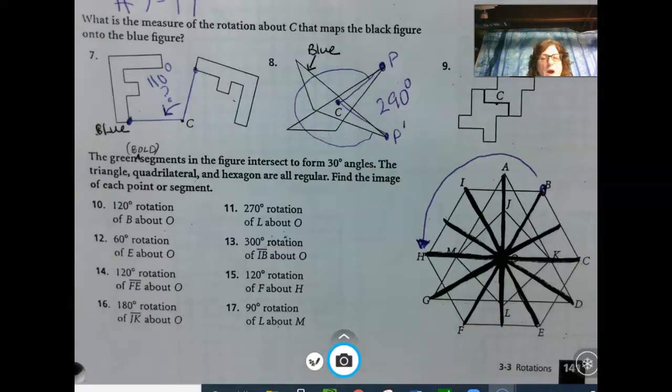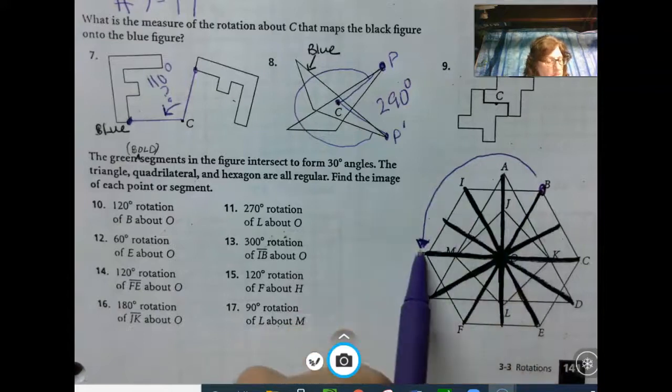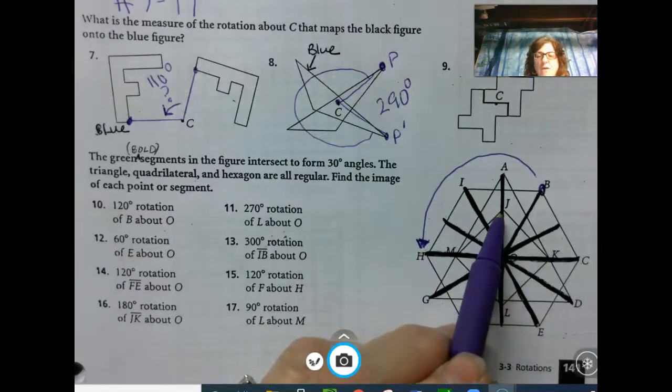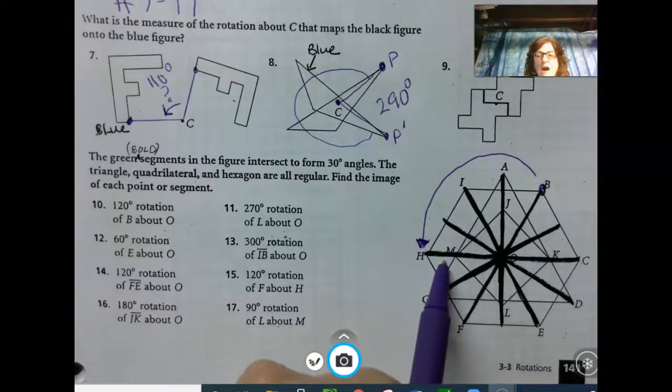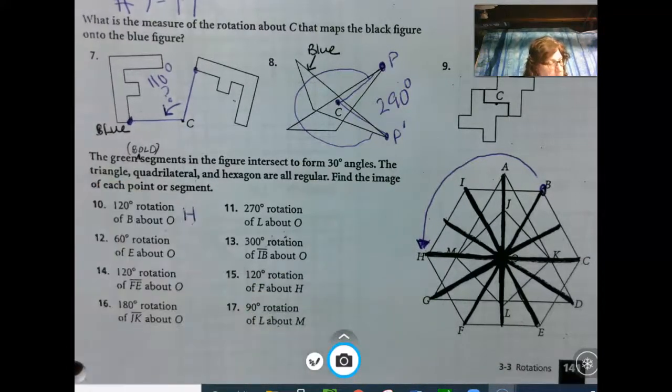So for the first problem, if I want to do a 120 degree rotation of B about point O, to go from B counterclockwise to H, how many degrees would that be? So 30, 60, 90, 120 degrees. So we would end up at H. So your answer here is H.